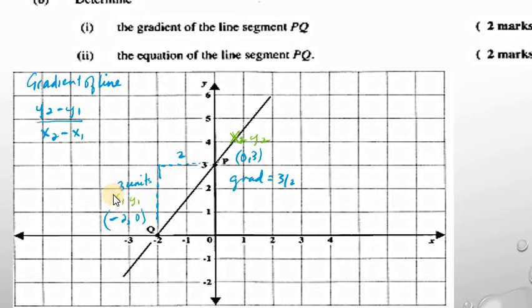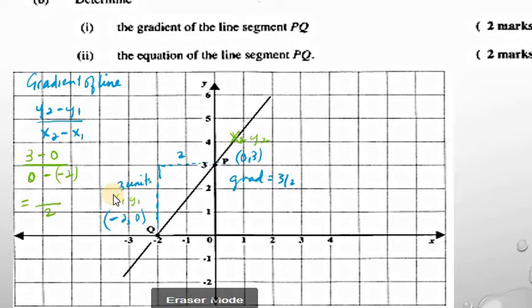y2 minus y1 will be 3 subtract 0 over x2, which is 0, subtract negative 2. This will give me 3, minus by minus is a plus, so 3 over positive 2.